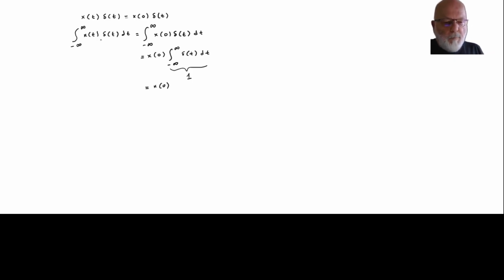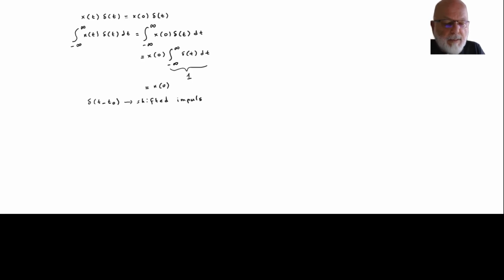Now, let us look at the shifted impulse. Now remember, the impulse delta of t is 0 for all values of t except the value t equal to 0, where it has an infinite value or a singular behavior. Now delta of t minus t0 is the shifted impulse.